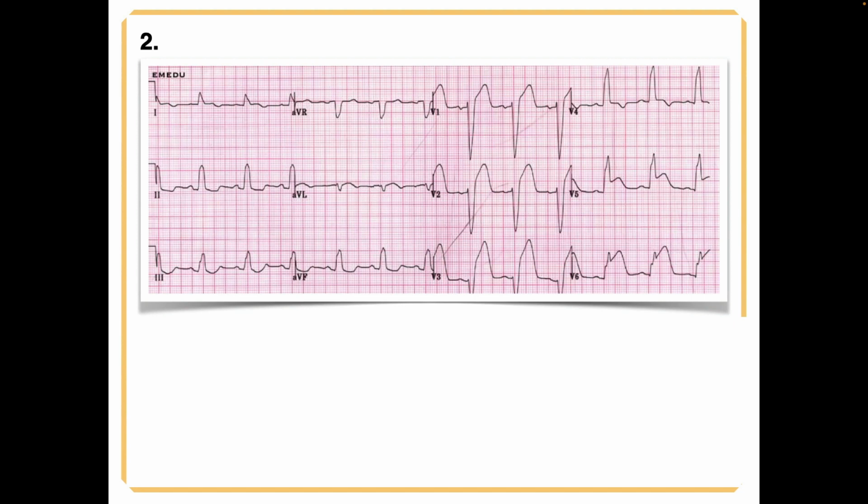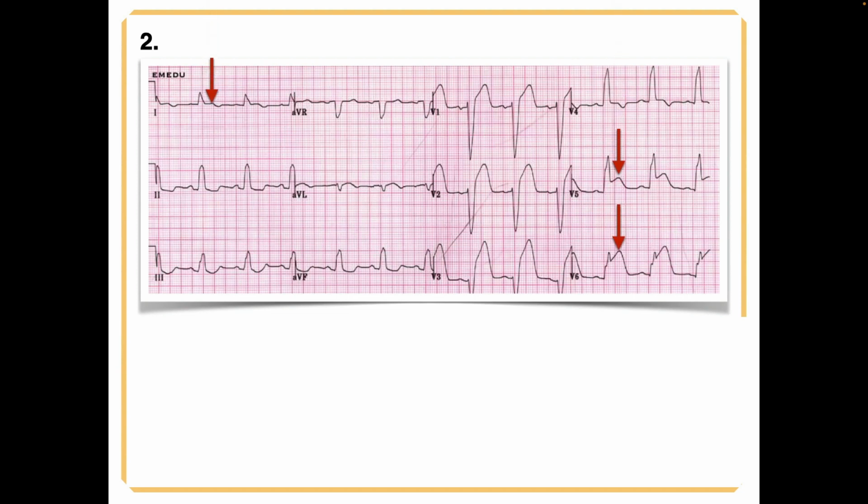No in 1, no in 2, no in 3. No in aVF. No in V4. Yes in V5. And V6? And V6. Okay, so what do you got? Put it together. Left bundle branch block with Sgarbossa A criteria in V5 and V6. Correct.